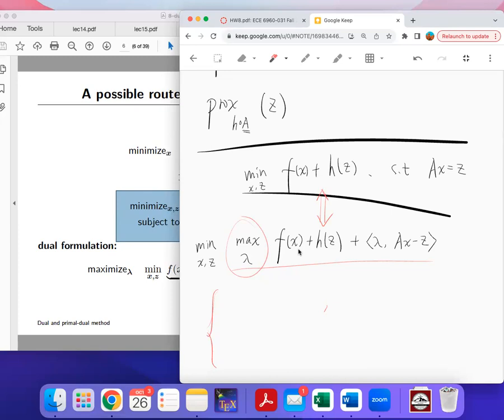Now, for a fixed x and z, we have two cases. The first case is Ax equals z. If this x and z happen to satisfy this linear equality constraint, then in the inner maximization the lambda term is lambda times 0, so the inner maximization essentially equals f(x) plus h(z).